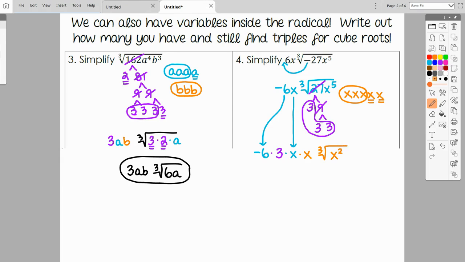Again, a great way to show when you have more than one x is using the exponents we talked about before. Multiplying negative 6 times 3, that's negative 18. 2 x's, I'll simplify it to x squared. And then I have the cube root of x squared after it as my final answer.